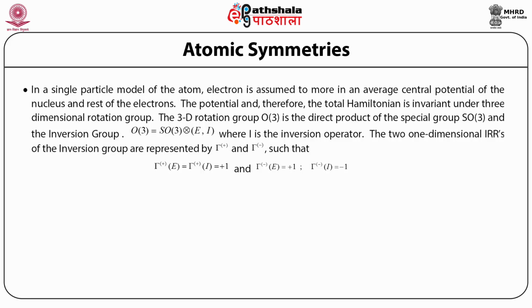The two one-dimensional irreducible representations of the inversion group are represented by sigma plus and sigma minus. This has two elements and two classes. It has only two irreducible representations.